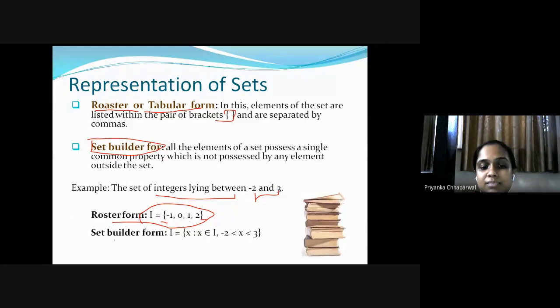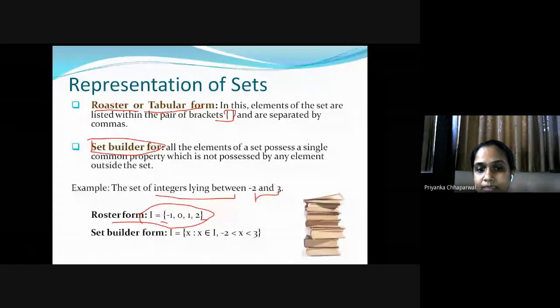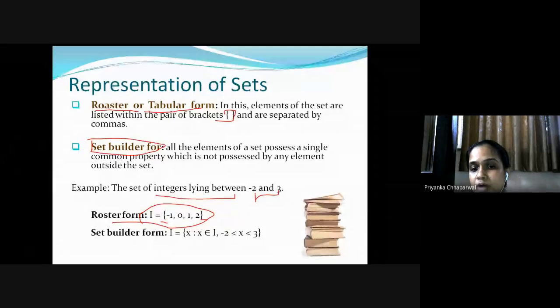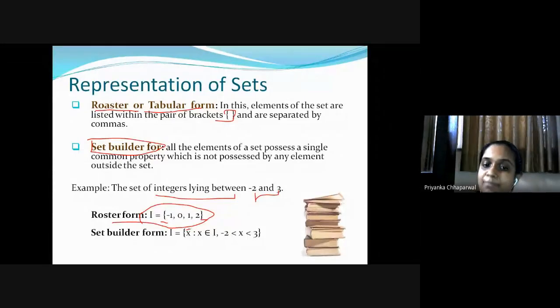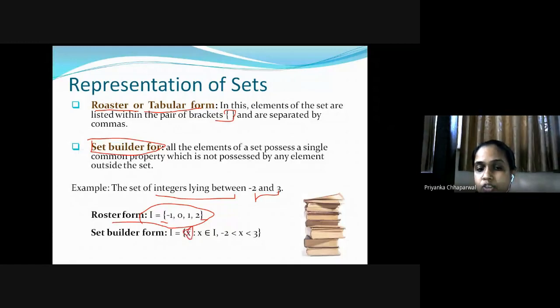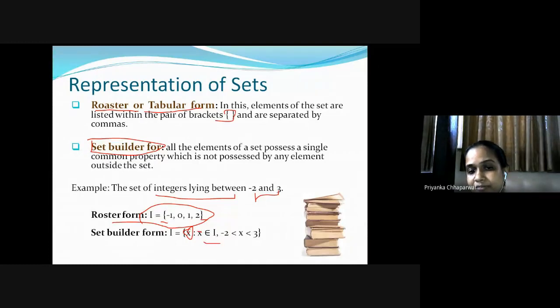And the second is set builder form. In set builder form, we define the set in a logical equation. Suppose x is an element such that x belongs to I, and the value of x lies between -2 and 3.